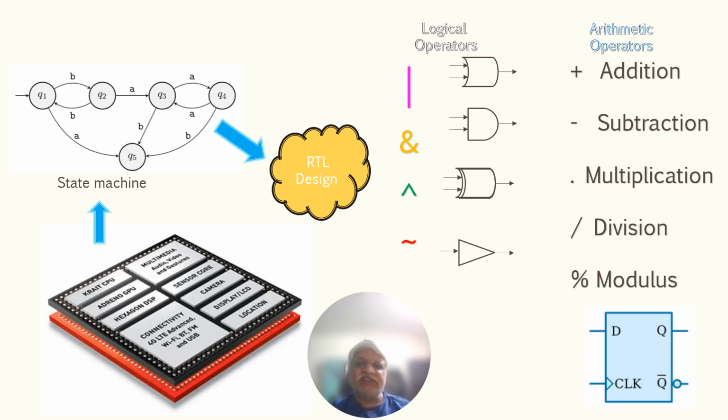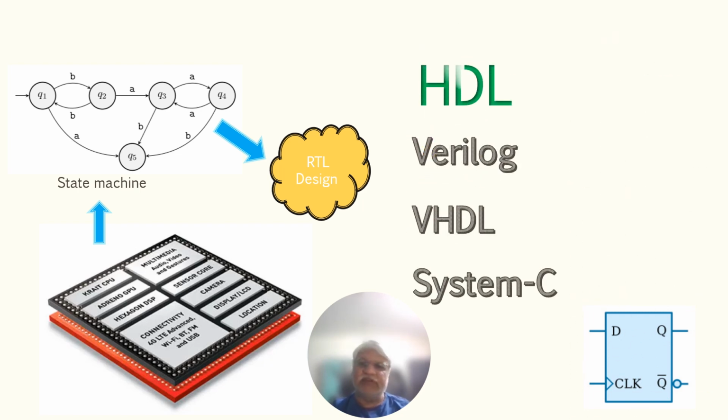RTL uses HDL to code a state machine of a subsystem. HDL is mainly for behavioral modeling and looks a lot like a programming language, with variables, function calls, logical statements like if-then-else and case, and boolean statements and mathematical operators.